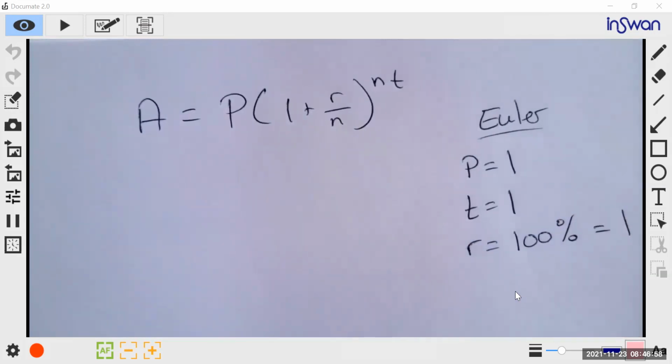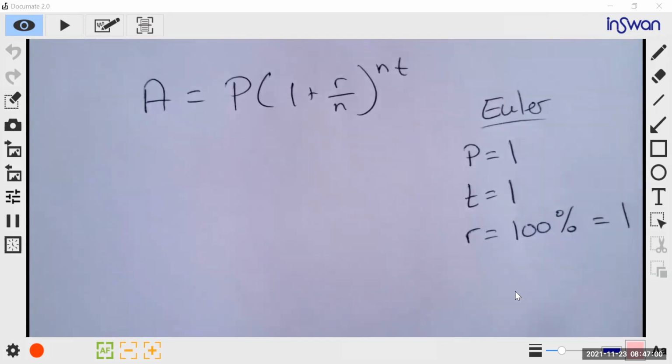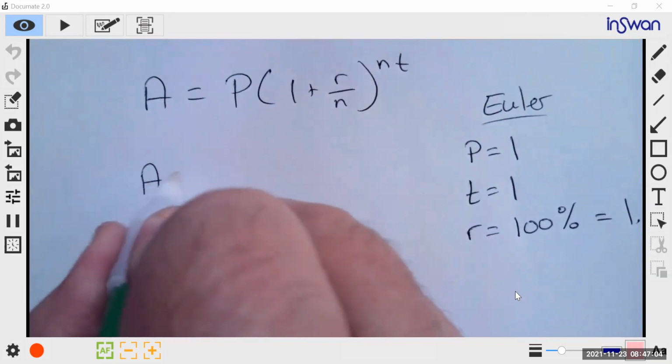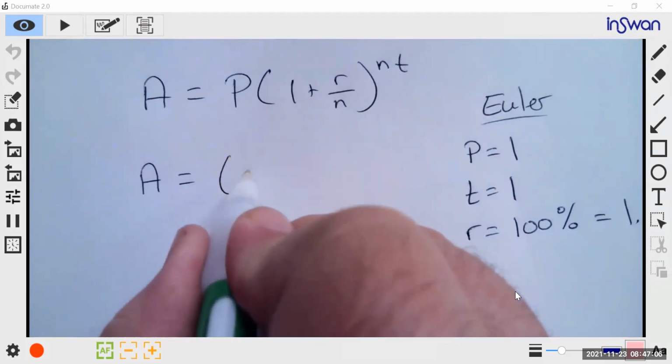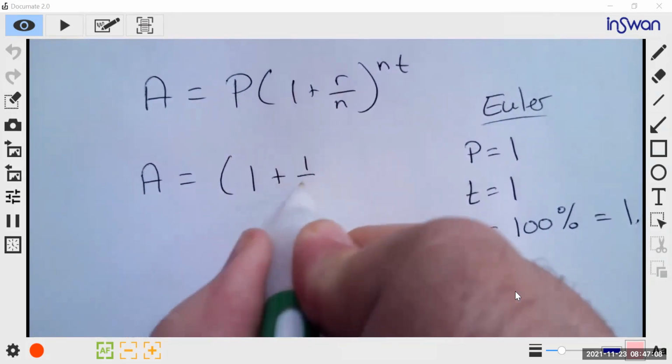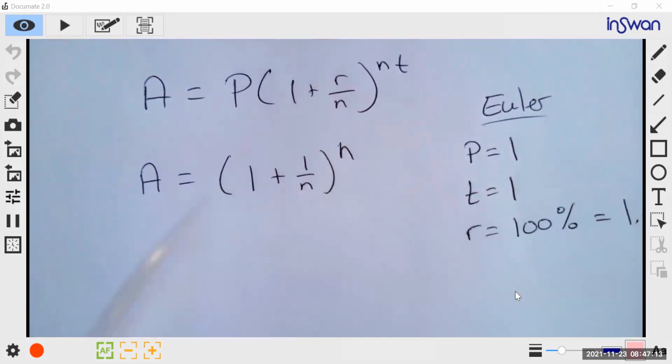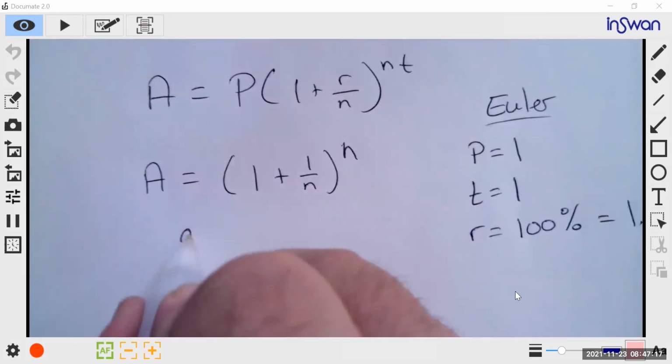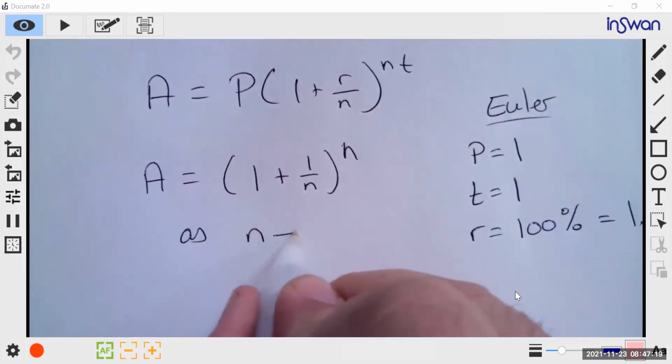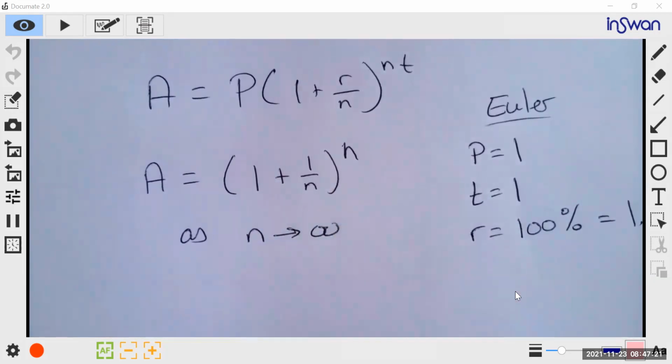Decimal-wise, that's 1.0. So what his equation came up to be is this. And as n goes to infinity, as n gets bigger, this number approached a specific number.